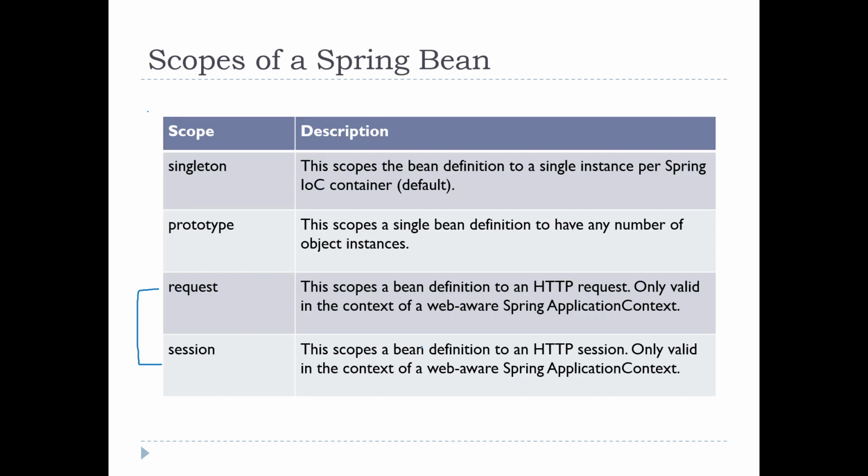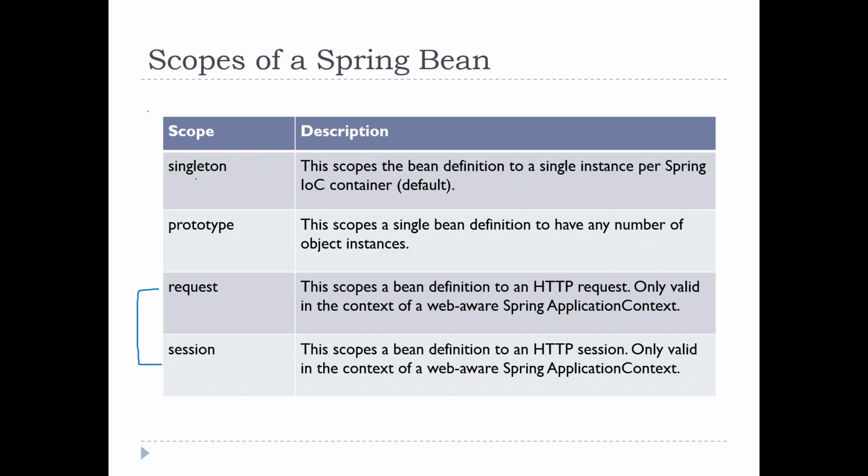Same goes for session. If a bean has been created in a given HTTP session, then it will be valid for the complete session, for multiple requests and responses as well. But as soon as the bean is accessed from somewhere outside the current HTTP session, so let's say a new session is created and the bean is accessed from the new session, then this bean will not be valid in that session.